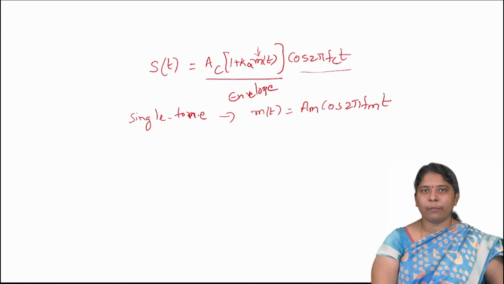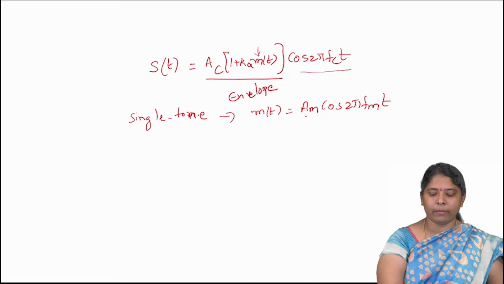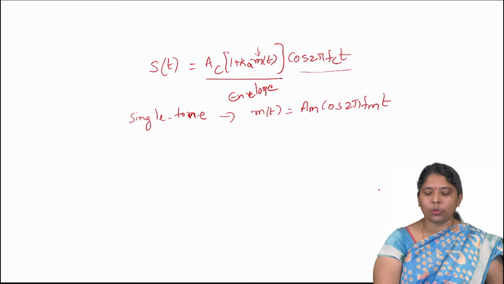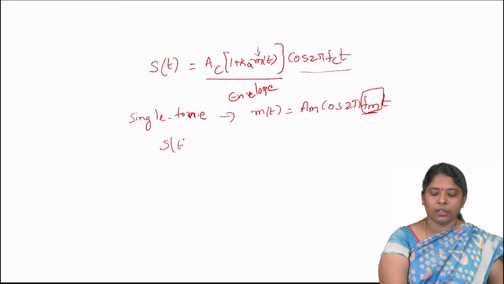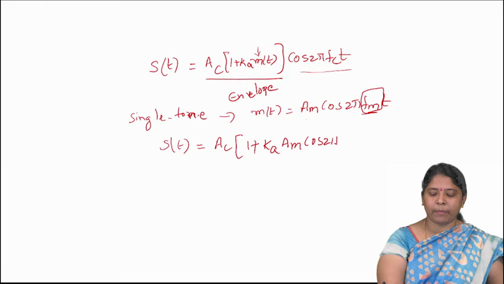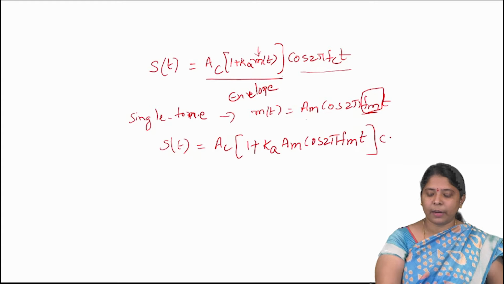If we consider m(t) as Am cos 2 pi fm t, it is called single tone amplitude modulation, which contains only one frequency, fm. If we replace this in the AM equation, we get Ac into 1 plus Ka into Am cos 2 pi fm t, multiplied with cos 2 pi fc t.